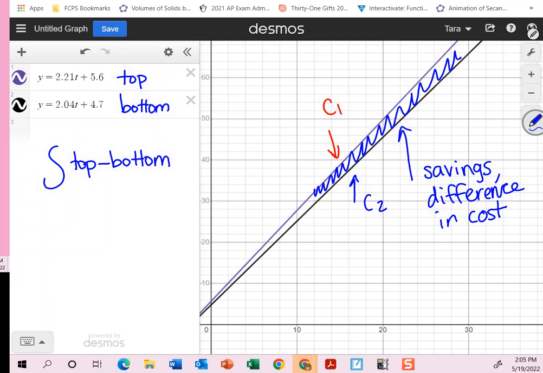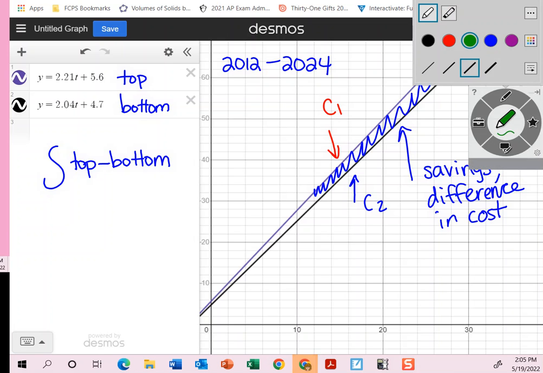Now, for these application questions, we're not usually going to get intersections. We're going to get some kind of interval decided for us. So the fact that this particular problem says, let's talk about this over the range of time from 2012 to 2024, kind of artificially sets up some boundaries for us.